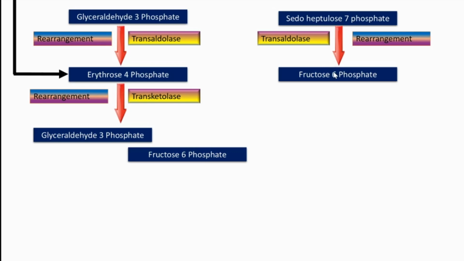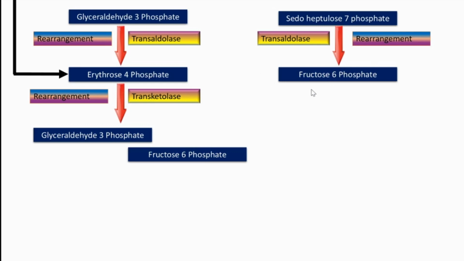This fructose 6-phosphate can either continue through the glycolytic pathway and again produce energy-rich molecules, so in that way it can be connected to glycolysis. Or it can be isomerized into glucose 6-phosphate and re-enter the pentose phosphate pathway once more. Whatever it be.